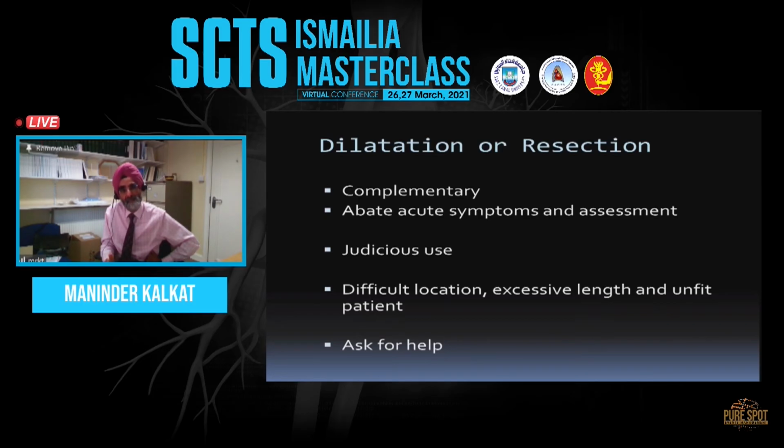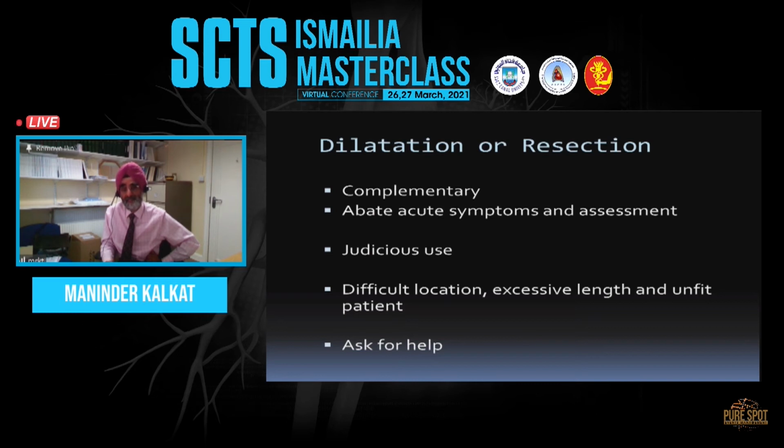The other thing about the dilatation is be very, very careful. Do not overdilate it. And this is the subglottic stenosis. I always recommend to use not anything bigger than 16 millimeter diameter balloon or even smaller.